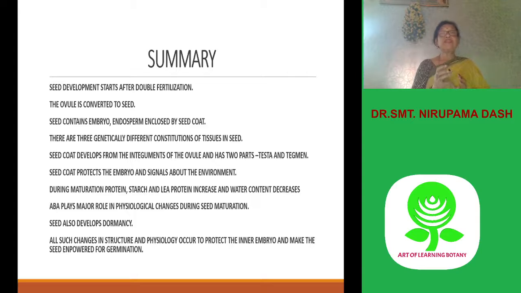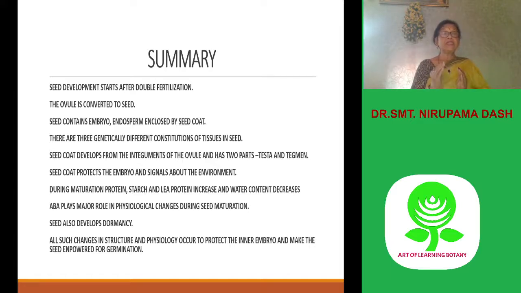Seed coat protects the embryo and gives signals about the changing environment. During maturation, the protein, starch and leaf proteins increase and there is loss of water content in the seed.